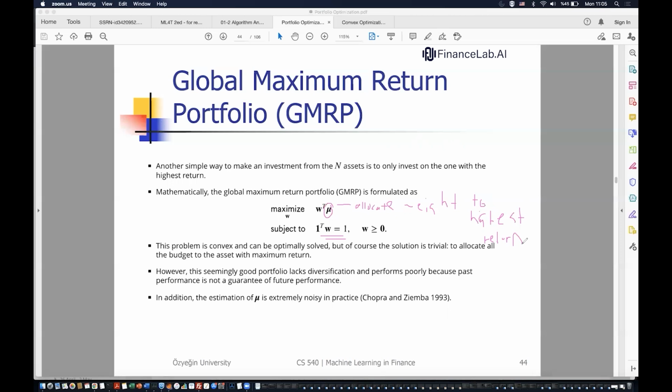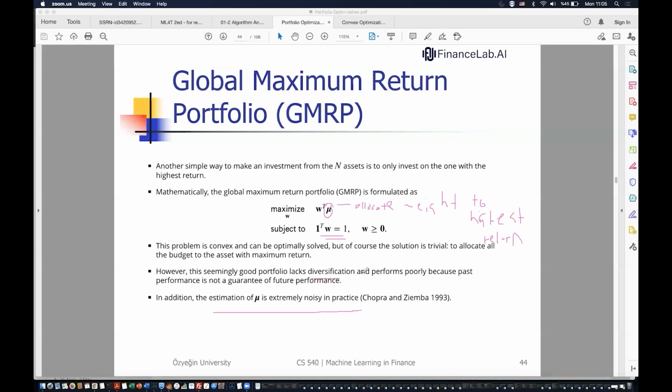The problem here is that since the estimated returns are estimated from the historical ones, this is quite noisy, and that can be problematic. So estimation of the mean return can be noisy. Another problem is that since we are investing in a single asset, the portfolio lacks diversification.